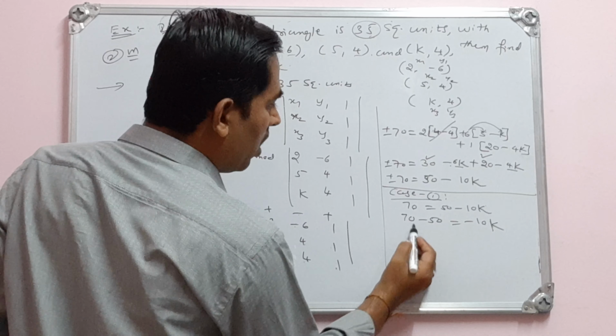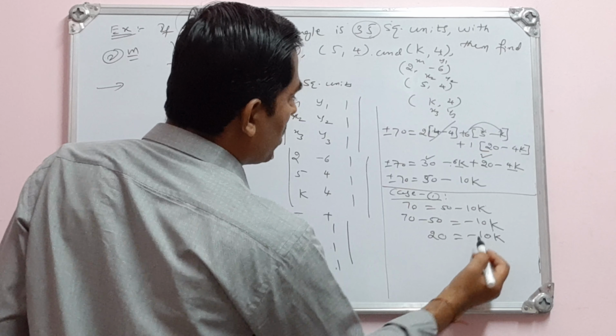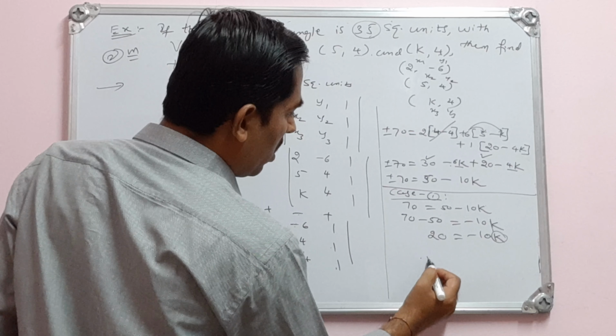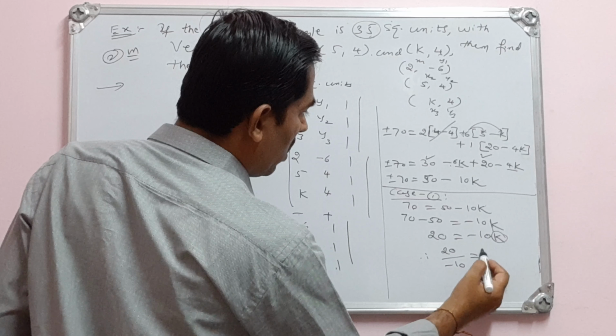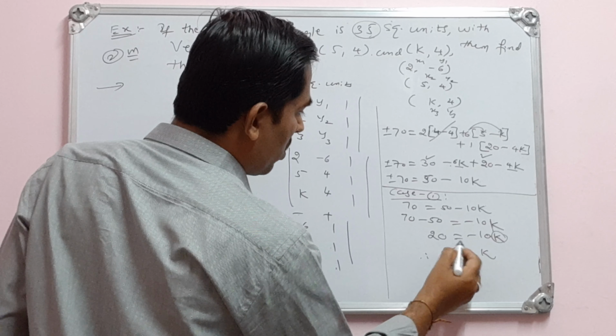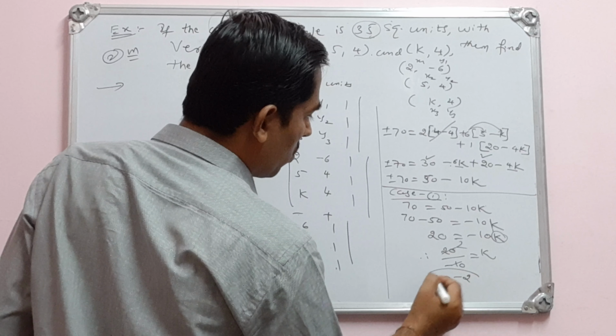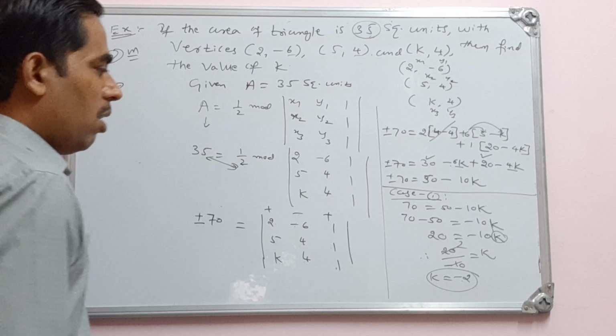So 70 minus 50 is 20, it is minus 10k. You solve for k here. Therefore 20 divided by minus 10 is k. If I cancel this, 10 ones are 10, 10 twos are 20, so k is equal to minus 2.